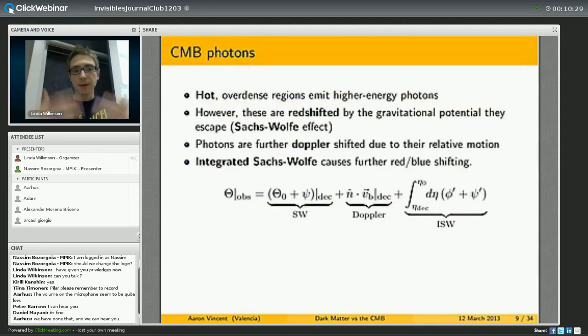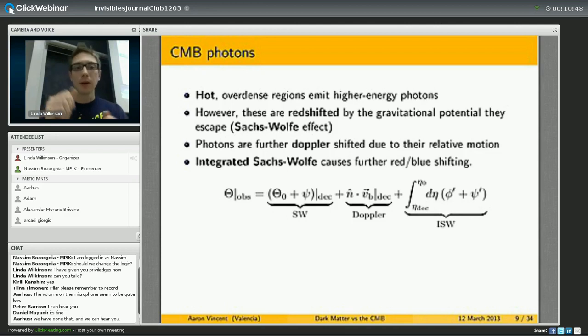So what explains then this map of the sky that we see when we look at these CMB anisotropy maps? Well, the hot overdense regions from the CMB emit higher energy photons, but as they escape the gravitational potential of these overdensities, they are redshifted.